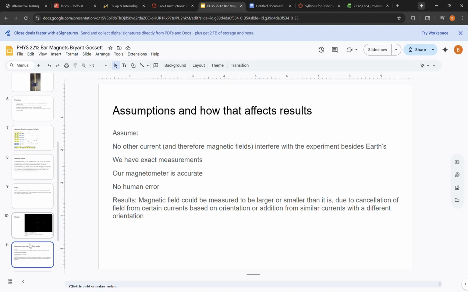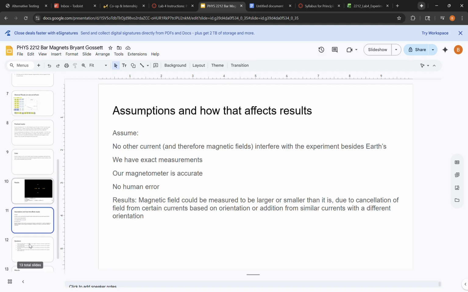We could have made a calculation mistake, we could have made a coding mistake. We don't know. And then our results are that the magnetic field can be measured to be larger or smaller than it is. But this is because of cancellation of fields or addition or subtraction of those currents. If they're in certain directions, they'll add. If they're in certain directions, they'll subtract. And that's very different.